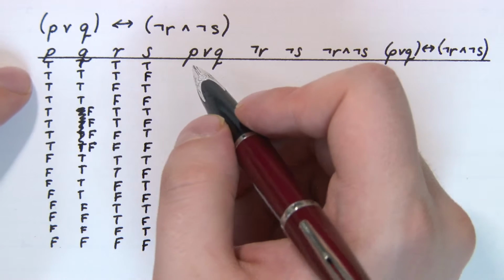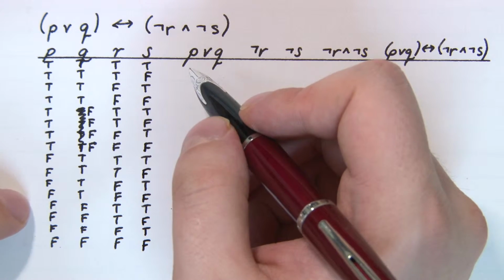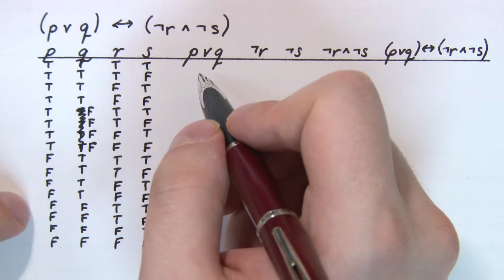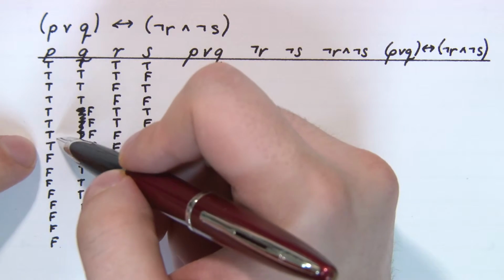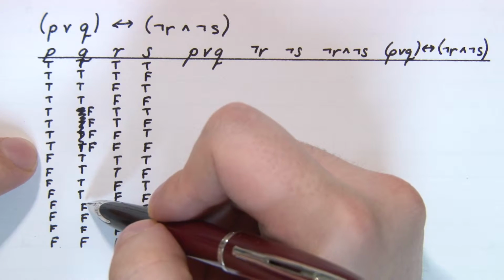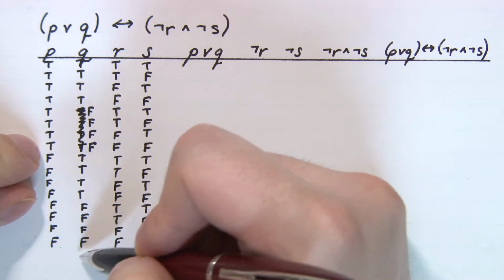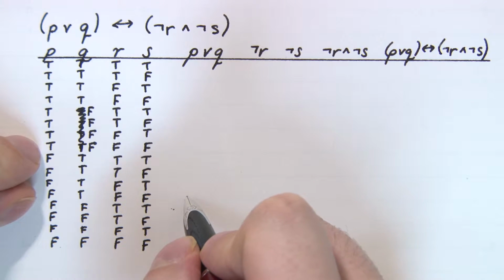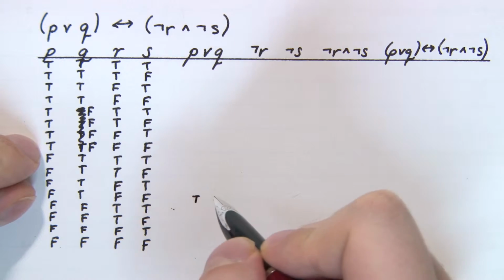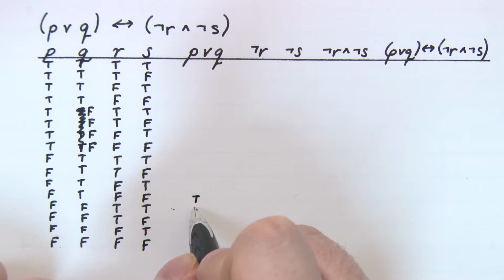So P or Q, that's when at least one of them is true. And so if you quickly scan down here, we have all trues here, all trues here, and then there's these 4 down here that are all false. So from about here, it's all true, the rest are false.